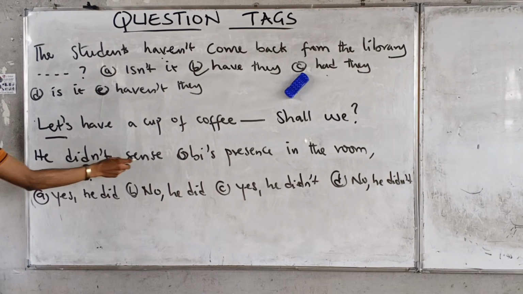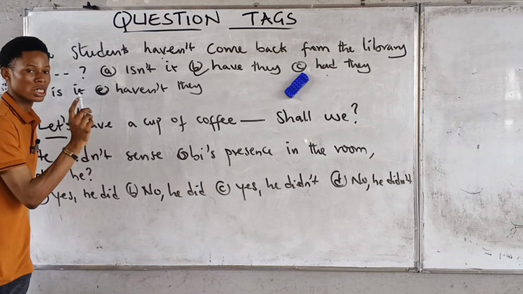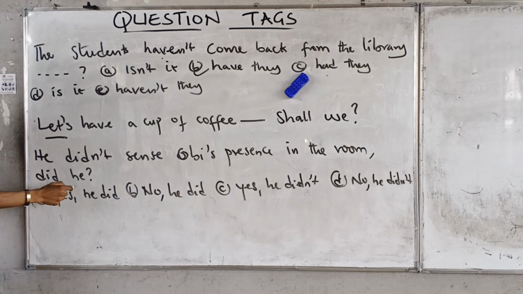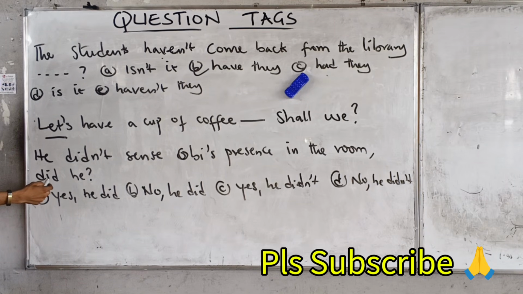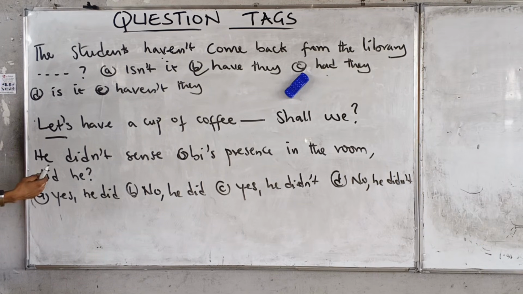All right, so "he didn't sense Obi's presence in the room." Now the question, "did he?" Is this question positive or negative? Positive, so you should go with a negative question tag, right? "Yes, he did." You can't use this because this is positive. You can't use positive, positive.